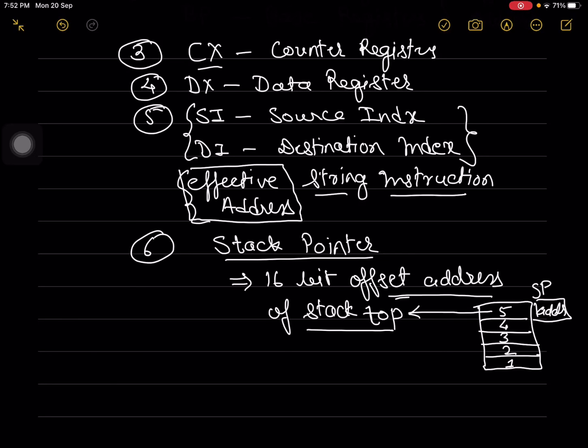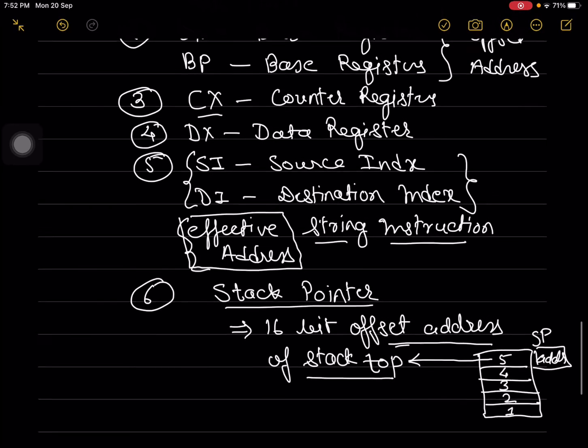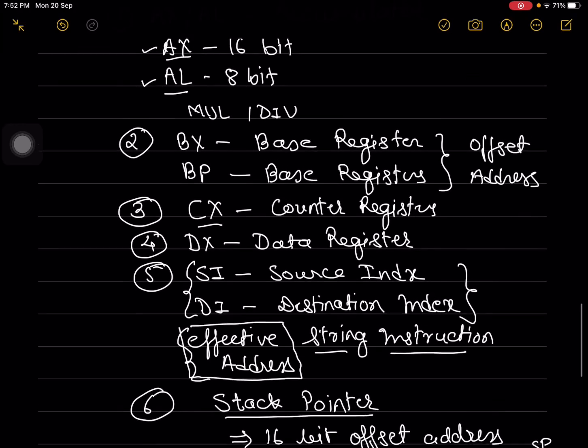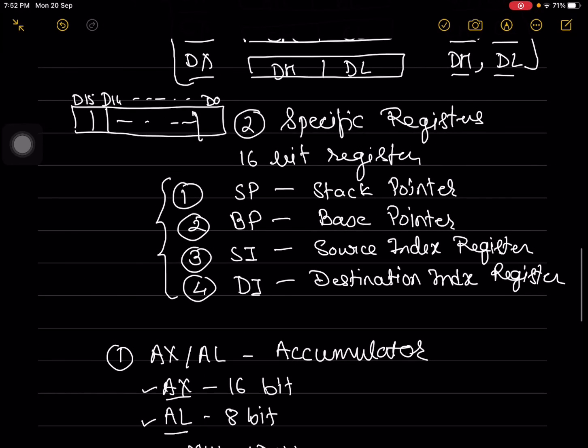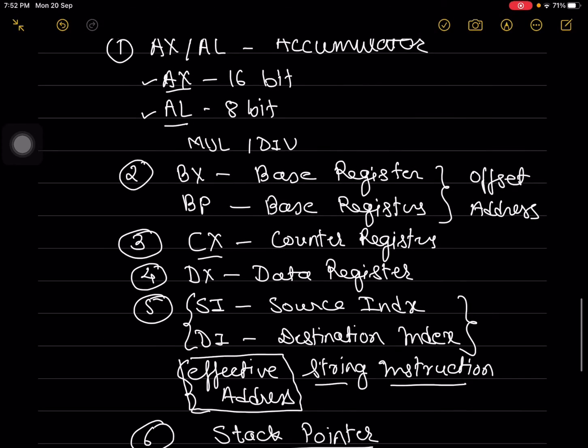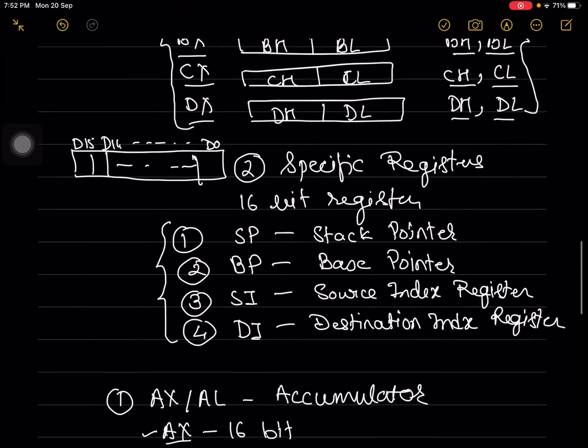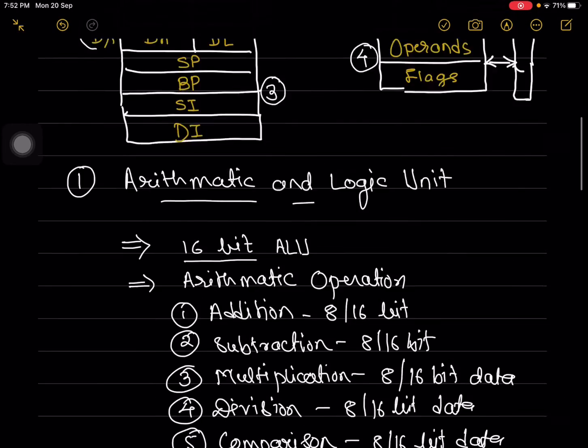So we have these different registers available in the microprocessor, which are general purpose registers, meaning they can be used to store general data for programming, but they have specific use also in some of the instructions.